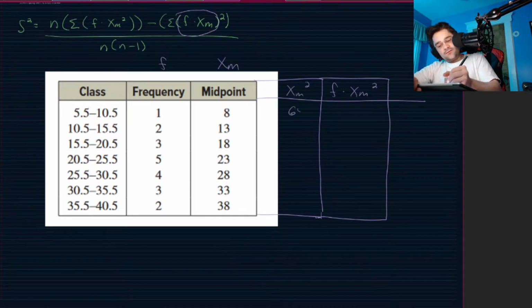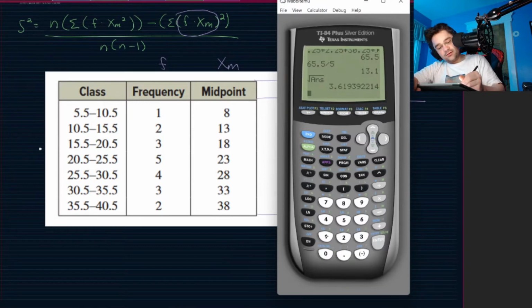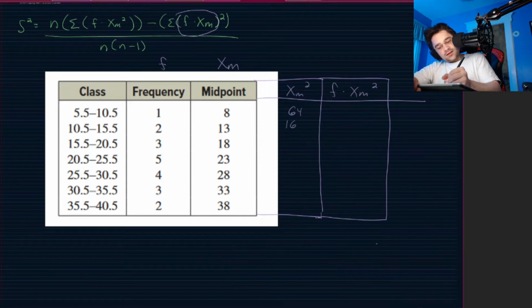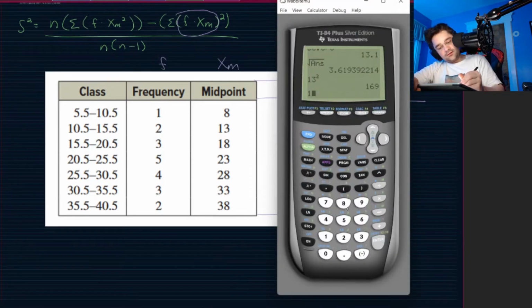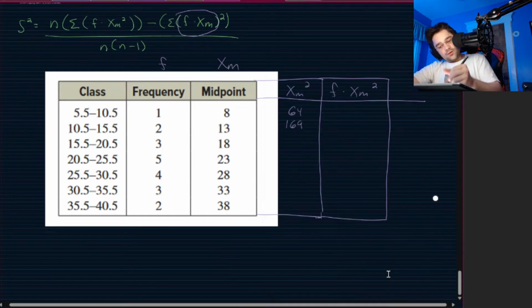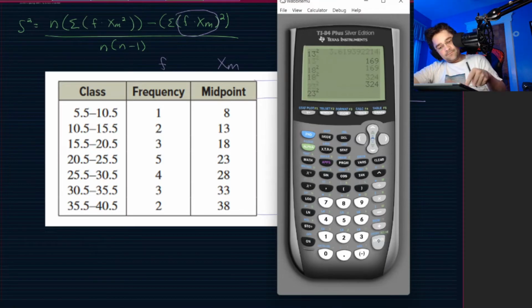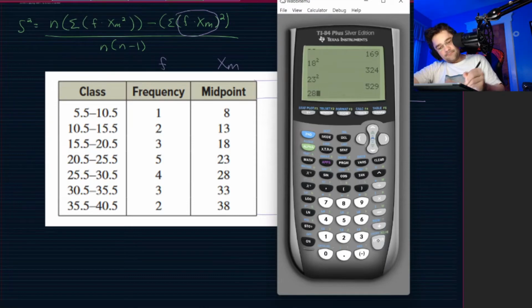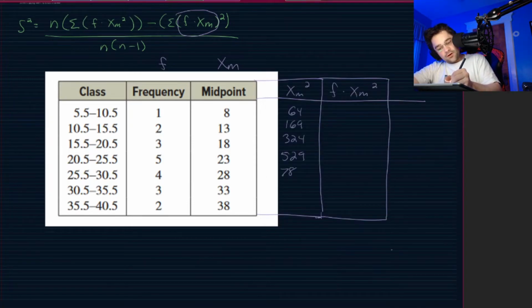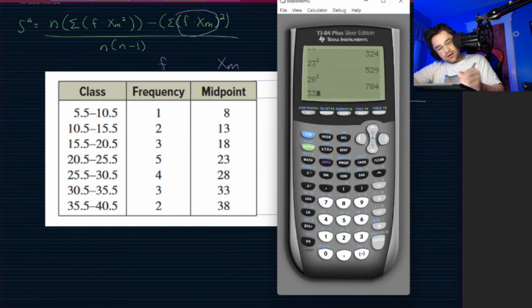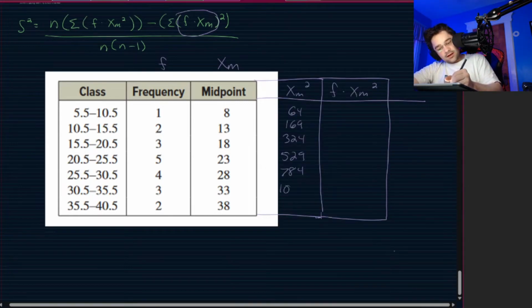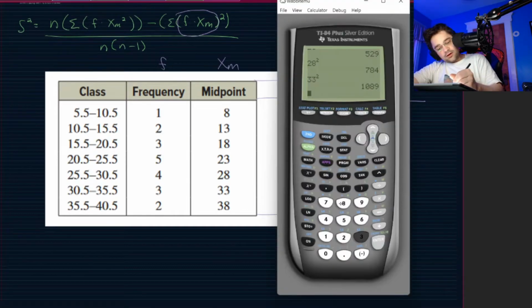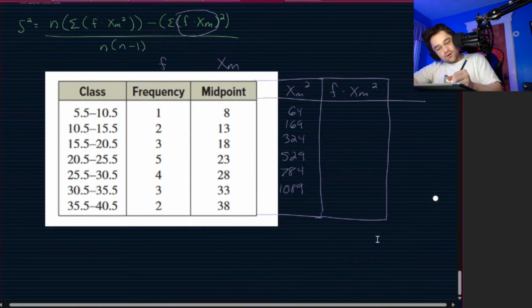This will be 64, 169, right? 13 squared, yeah, 169. 18 squared is 324. 23 is 529. 28 is 784. 33 is 1089. 38 is 1444.